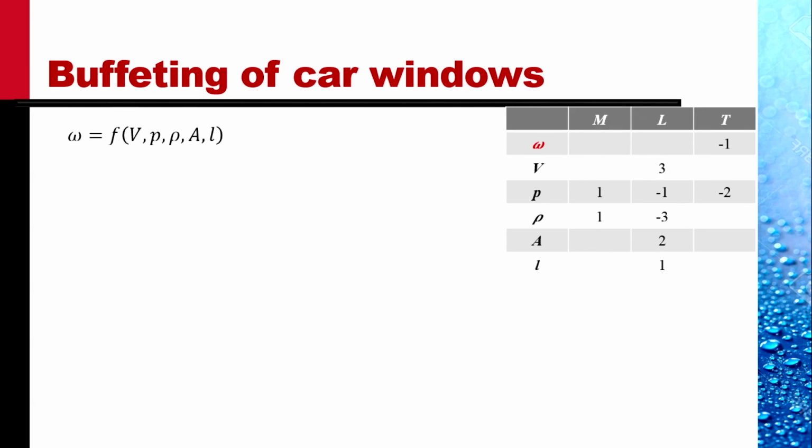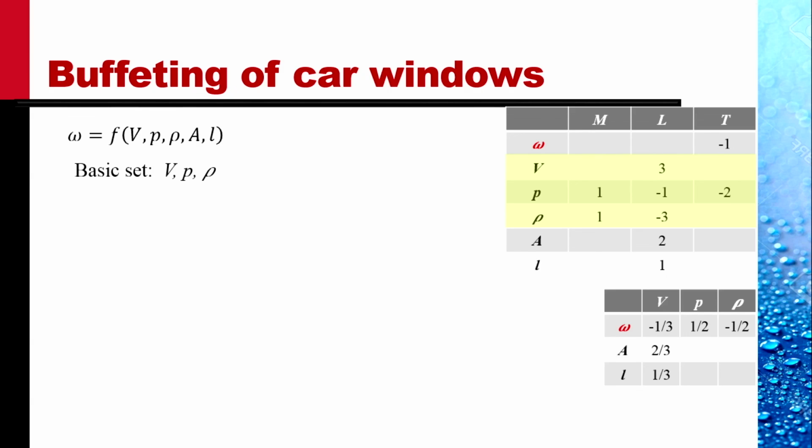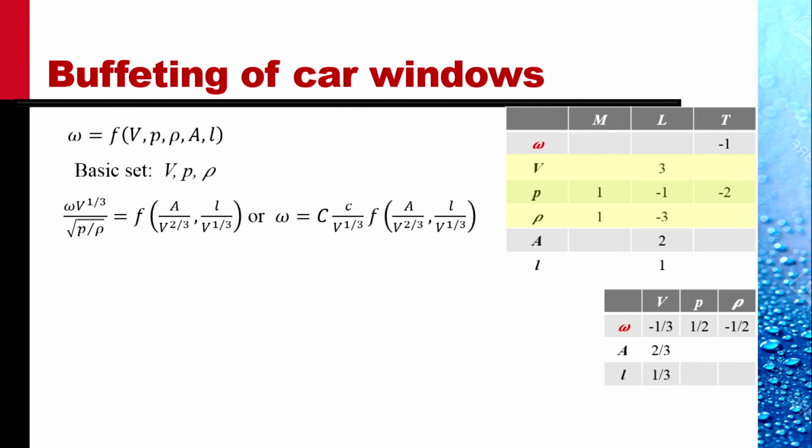So if we write the dimensions of all these parameters in the M, L, and T system, this is the table that we get. We choose the basic set as V, the volume, the pressure, and the density of air. And these are the three groups that are formed from omega, A, and L. So this is the functional equation that we get.